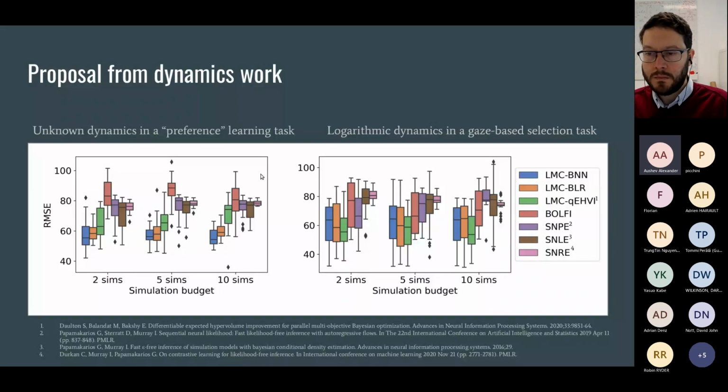And for the logarithmic part, we see that the Q expected hypervolume improvement, the green box, performs slightly better than the transition dynamics model proposals. So the most benefit comes from using the transition dynamics model when we don't know the functional form of the dynamics. That's the bottom line of these experiments.